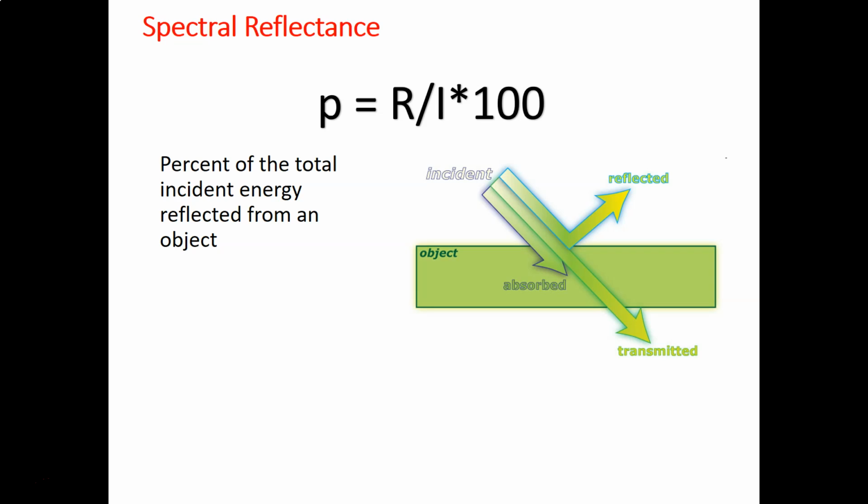And spectral reflectance is a fraction or a proportion, usually multiplied by 100 to give you a percentage. That's kind of standard, but it's a fraction nevertheless. So that's the portion or percentage of reflected energy divided by the total incident energy and multiplied by 100. So what does it mean in practical terms?